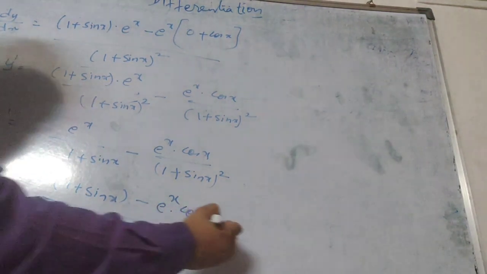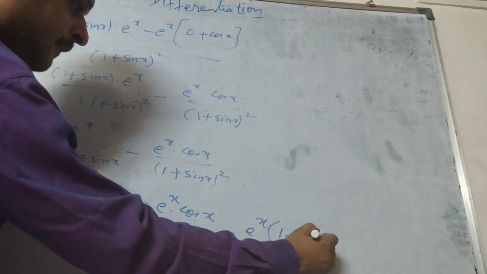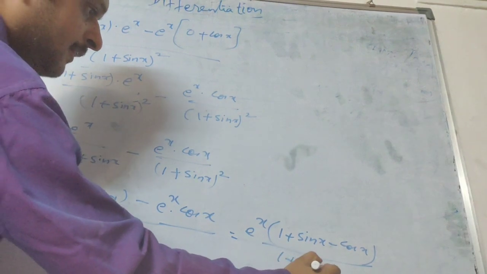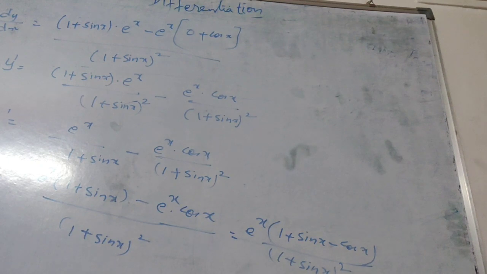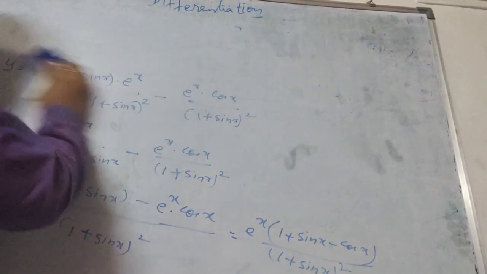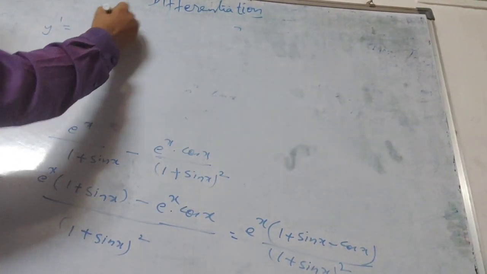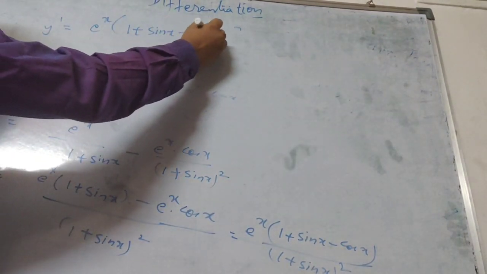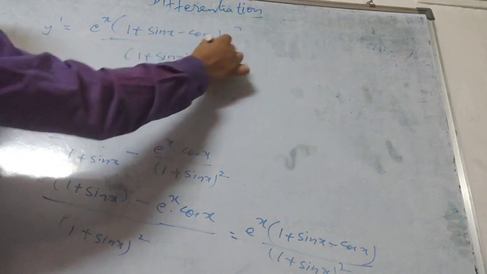So that can be written as, I'll take e power x common, 1 plus sin x minus cos x by 1 plus sin x the whole square. So yeah, make a note of this, friends. The final answer can be written as y dash equals e power x into 1 plus sin x minus cos x by 1 plus sin x the whole square.